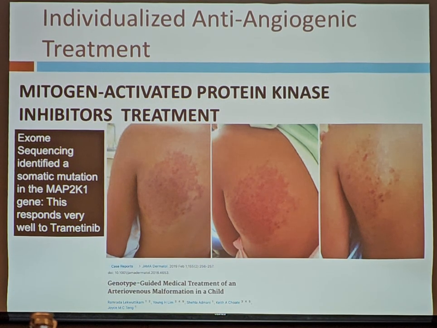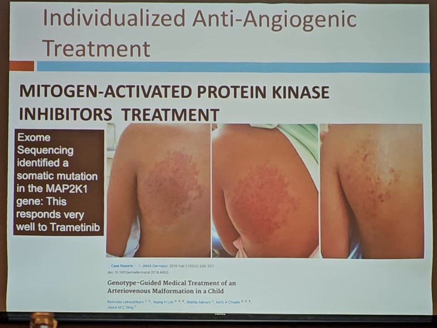And this has been demonstrated to work in peripheral AVMs. You can see how over time the MEK inhibitor indeed decreased the size of the AVM. But this opens now the immediate question: how can we identify whether a patient has indeed a somatic KRAS mutation that can be treated with a MEK inhibitor?